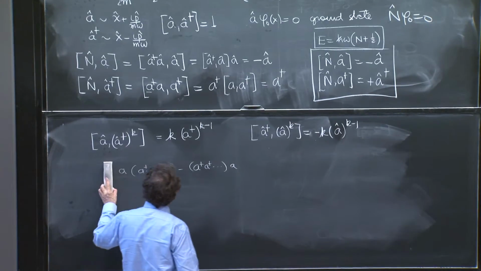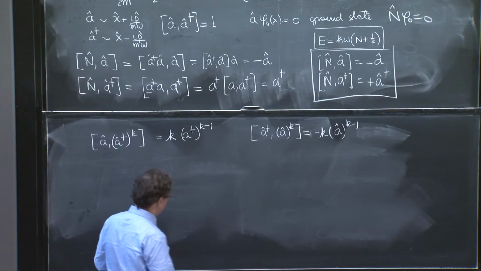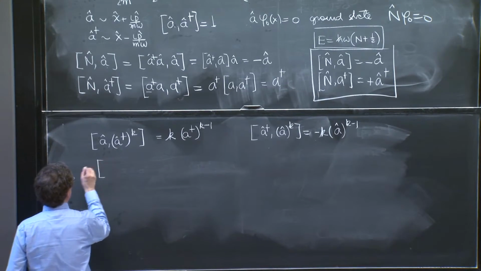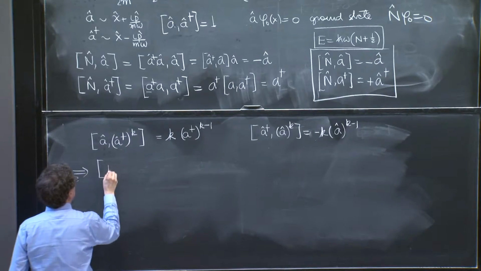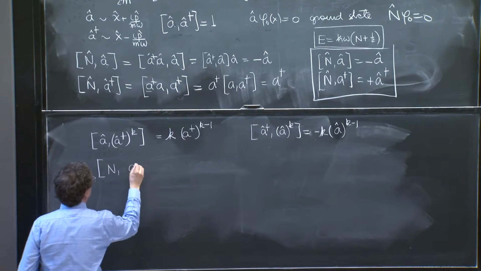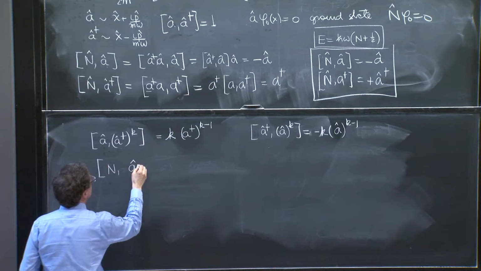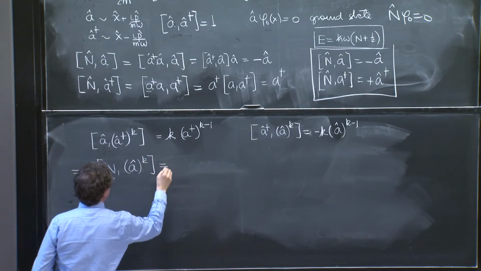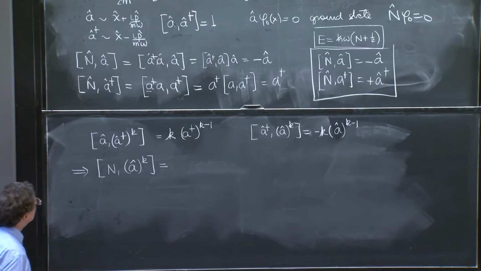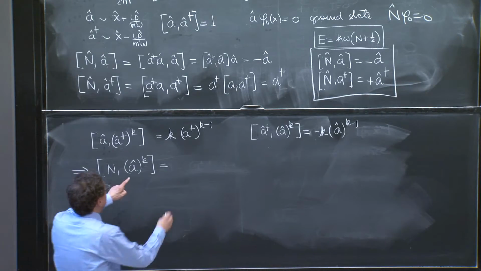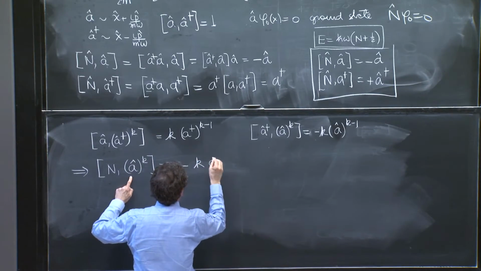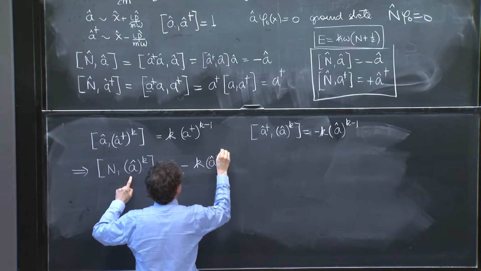Now, this implies that you can do more with the n operator. n with A to the k this time will be minus k A to the k.